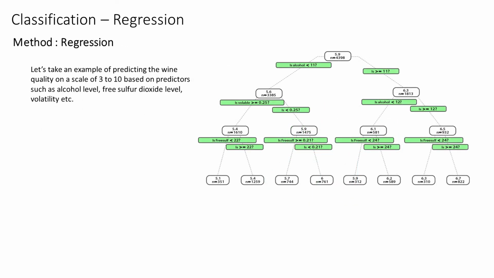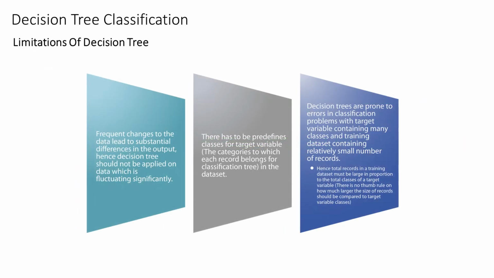If we want to predict wine quality on a scale of 3 to 10 based on alcohol level, free sulfur dioxide, volatility, and other issues, we would use the regression decision tree model. Similarly, regression trees can also be used to identify the market segment, identifying who is more likely to respond to a future mailing.